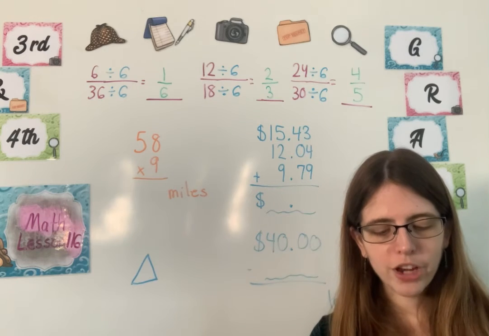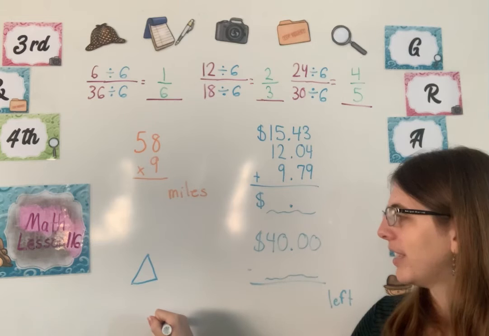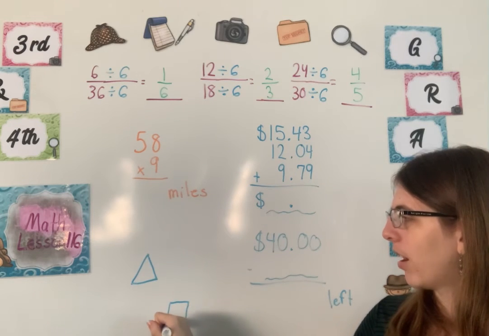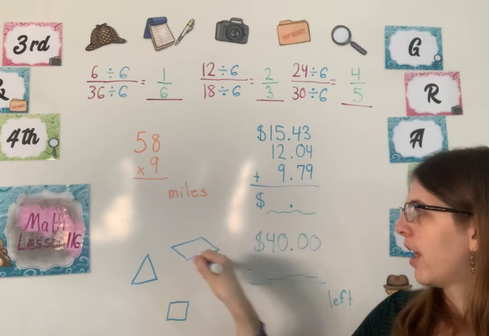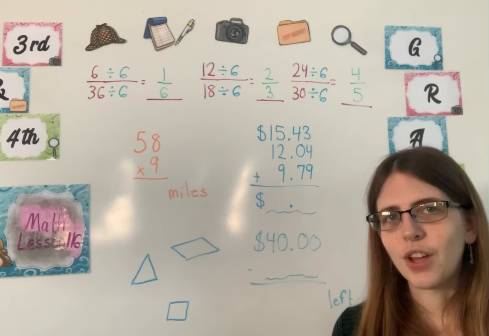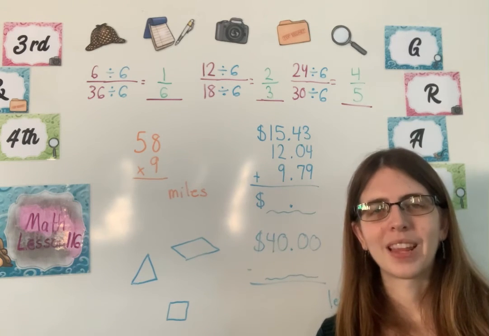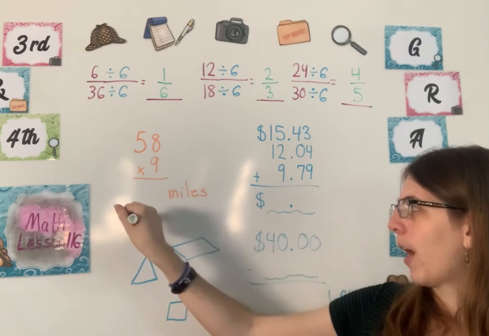Are all the quadrilaterals polygons? Remember, a quadrilateral is any shape with 4 sides made of straight lines. They don't have to be parallel, but they are straight. So yes or no? Yes. Is a circle a polygon?